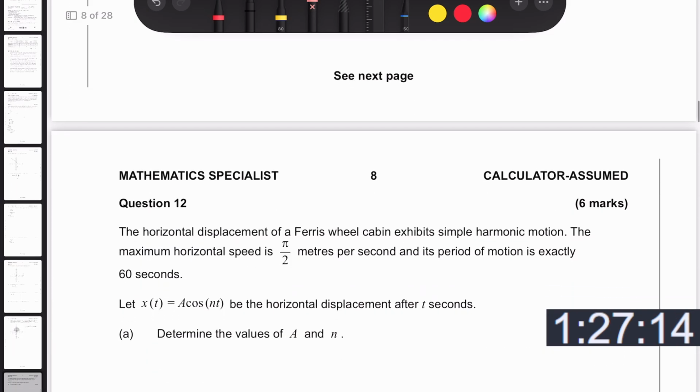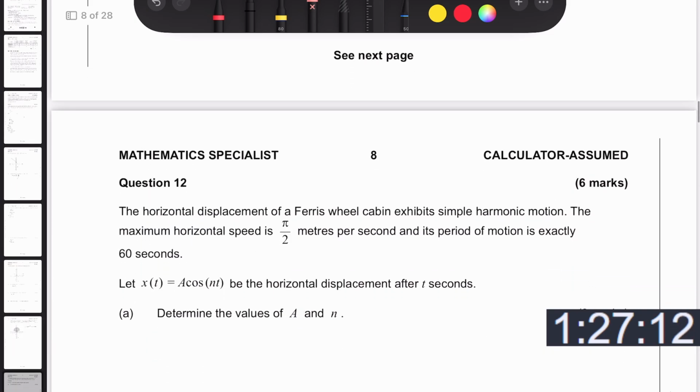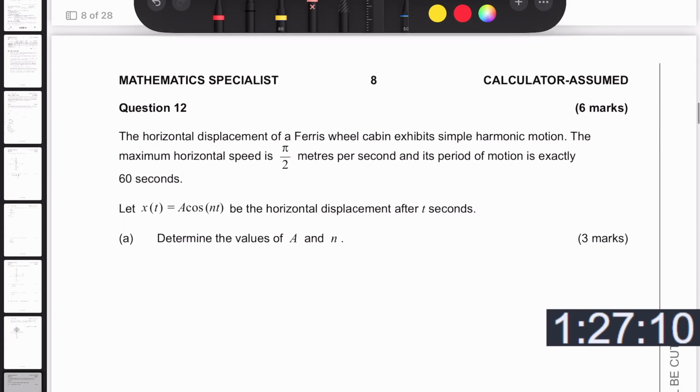Okie dokie. The horizontal displacement of a Ferris wheel can exhibit harmonic motion. The maximum horizontal speed is pi over 2 meters per second, and the period is exactly 60 seconds. So let A cosine nt be the horizontal displacement after t seconds.